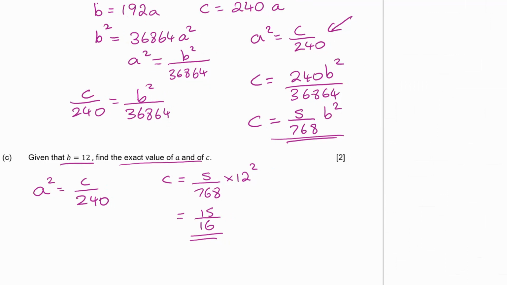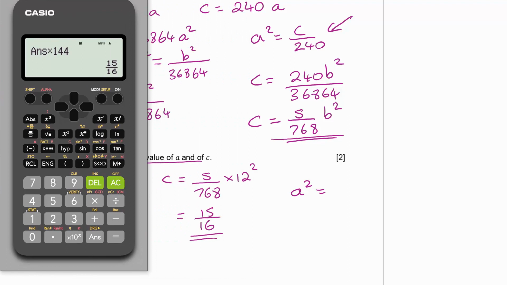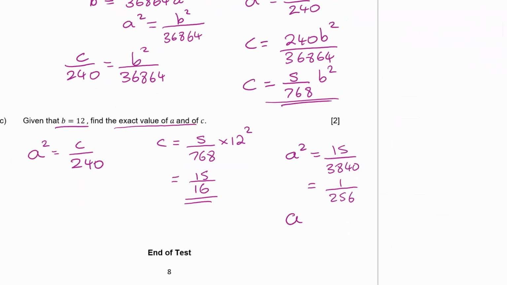So therefore, a squared would be equal to that divided by 240, so if we do 16 times 240, we get 3840, so it would be 15 over 3840, which, as you can see on the calculator, simplifies to 1 over 256, and therefore a would be positive or negative 1/16.